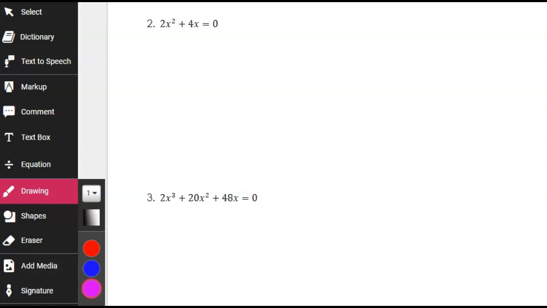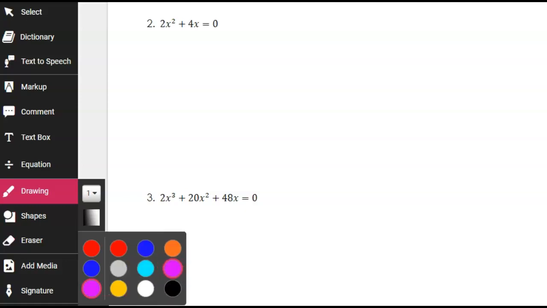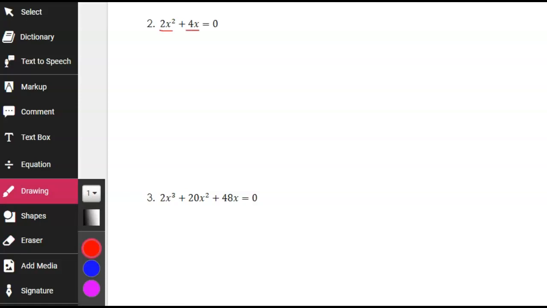A GCF, I see one. A 2 and an x can come out. So we have 2x times x plus 2. And it doesn't look like I can factor anymore. So taking out my GCF actually took up my factoring step as well.